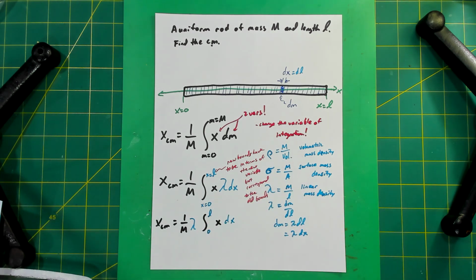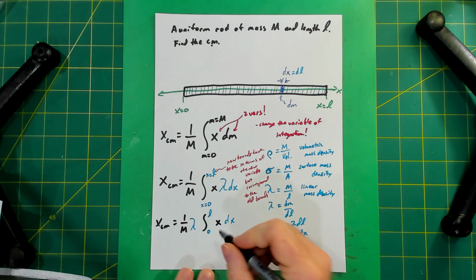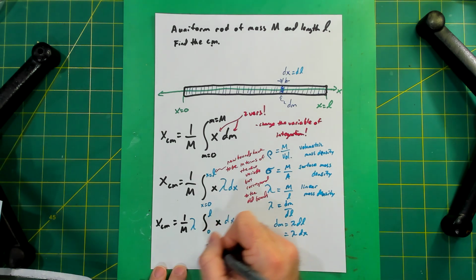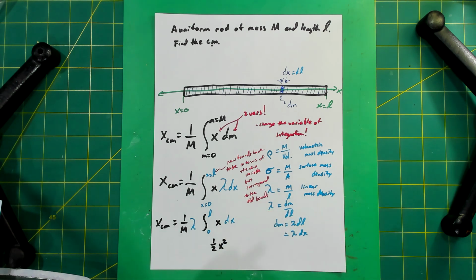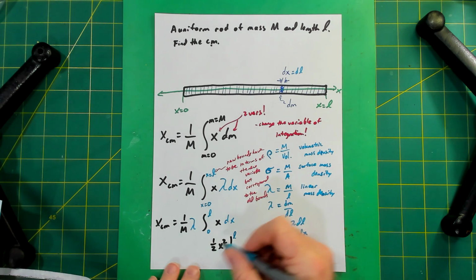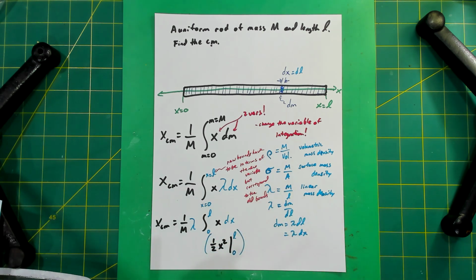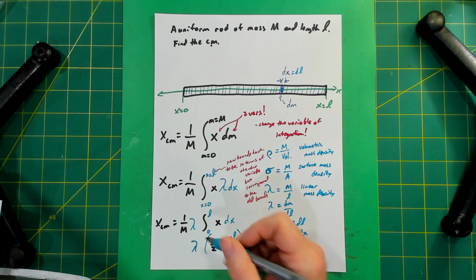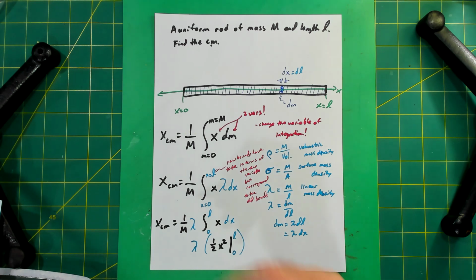The integral of x dx, that's going to be 1/2 x squared, right? I'm going to go ahead and evaluate that from x equals 0 to x equals L. And I still have this lambda and this 1/m hanging around out front.